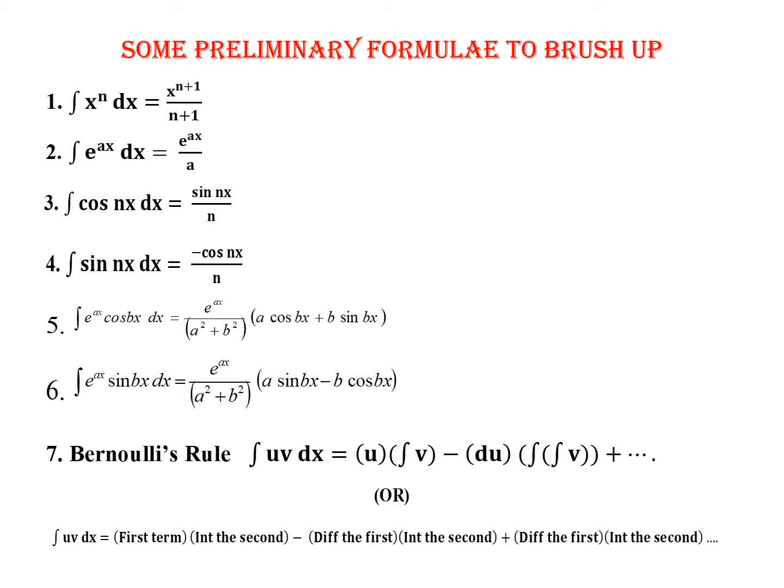Next is plus, now differentiate the first term and integrate the second. Next minus, again it will continue like this and so on. But remember, whenever you do differentiation or integration, you should take the first and the second term from the previous step, right?